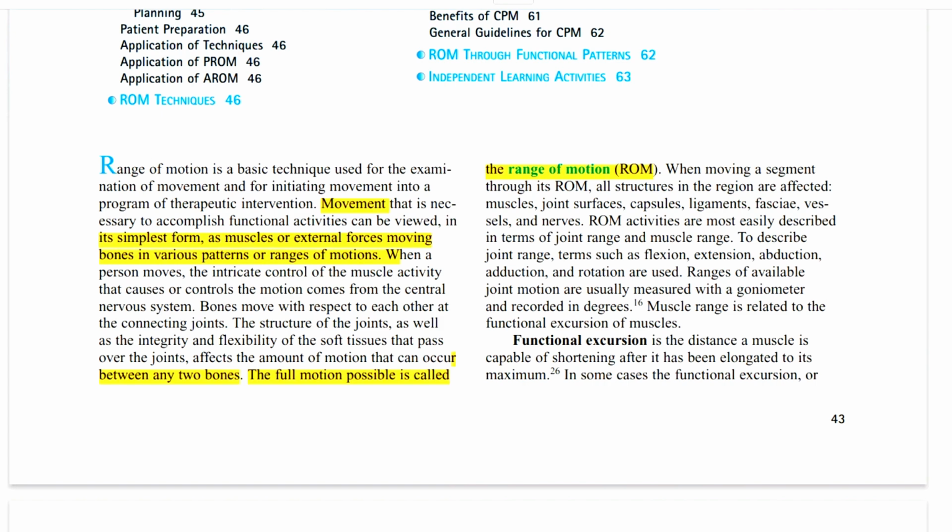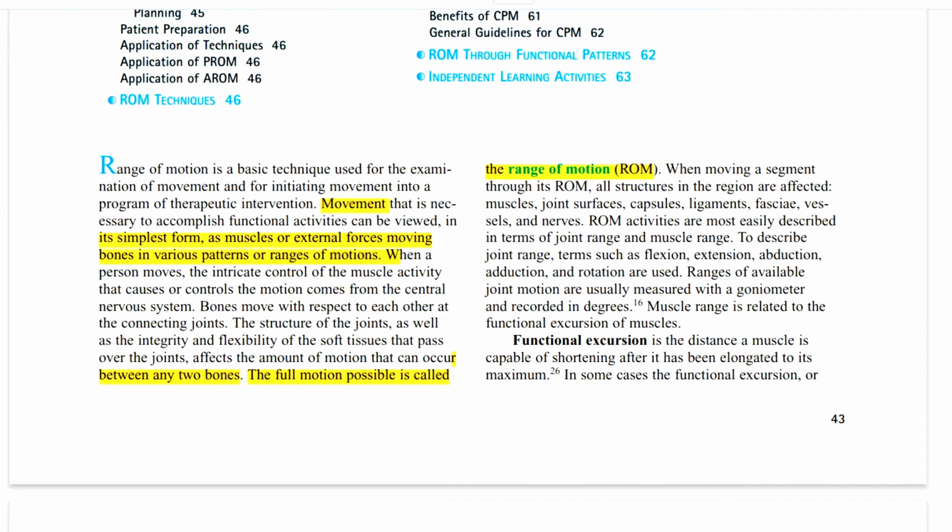Okay, so majorly the stretching itself is working on this, muscle range of motion is not, but some kind of maintenance is given with the range of motion exercises.